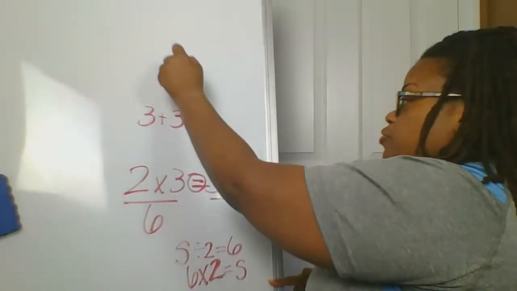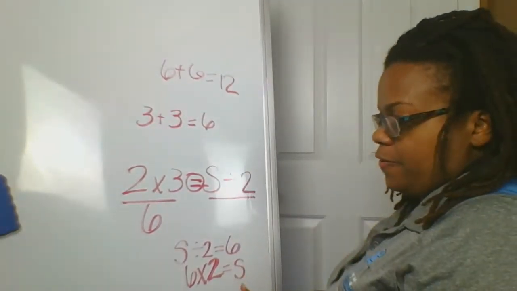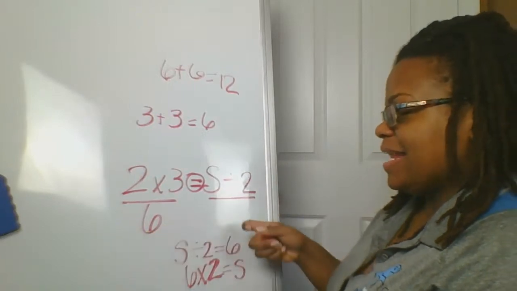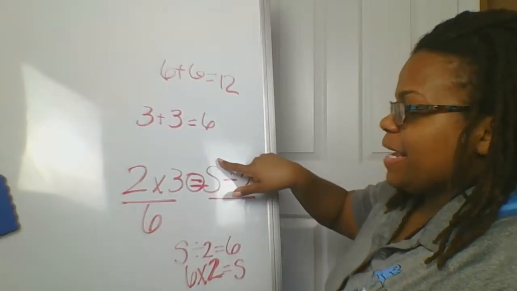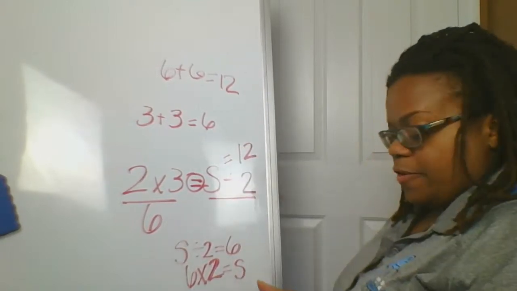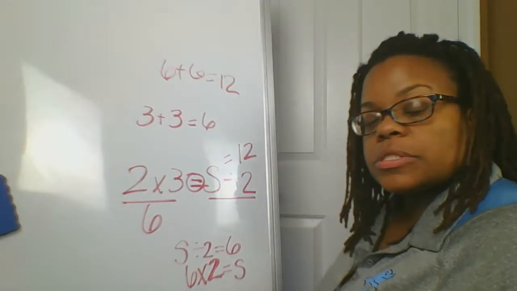Just like we did 3 two times. 6 and 6 gives me 12. So in order for me to have 6 on this side and 6 on this side, my answer right here, S, has to equal 12. All right. We'll work tomorrow on some other problems.